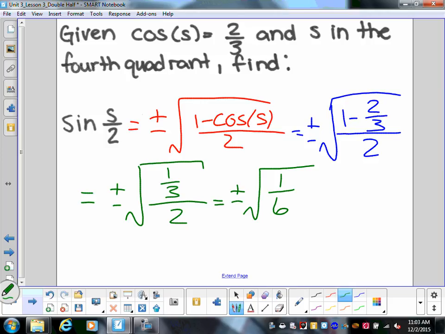And I'm not entirely happy with that just yet, because the square root of 1 is 1. Still not happy. We get the square root out of the denominator. You all should be way used to that.